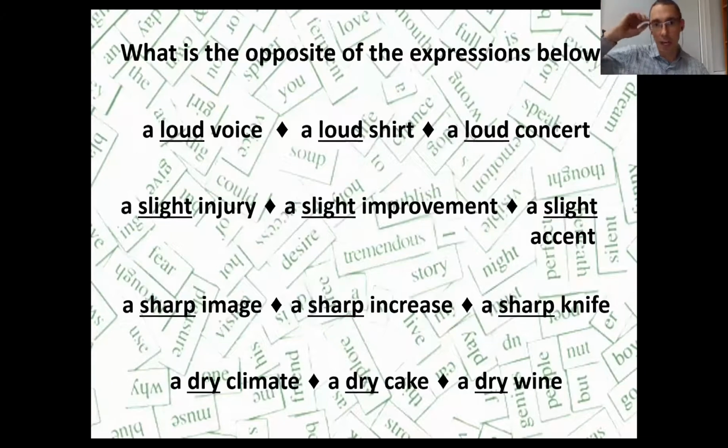Let's just try, for fun, an antonyms activity. Here's an example that we can use. We have loud three times, but each one has a different nuance. So what is the opposite, the antonym of loud in these situations? We have a loud voice, a loud shirt, and a loud concert.